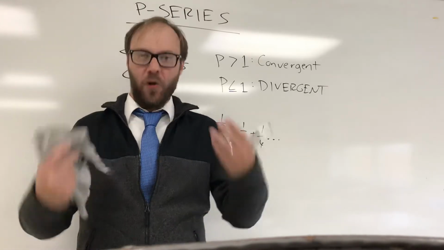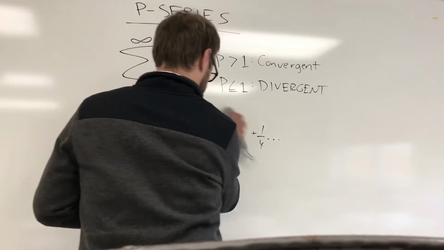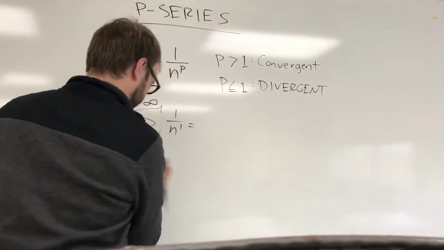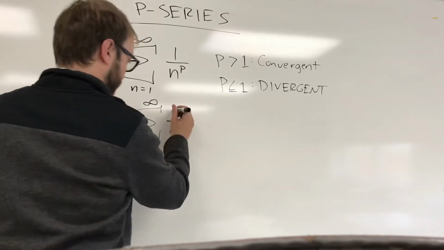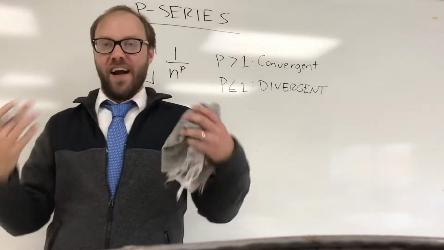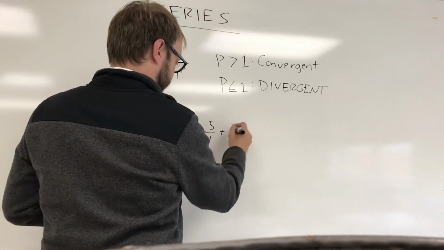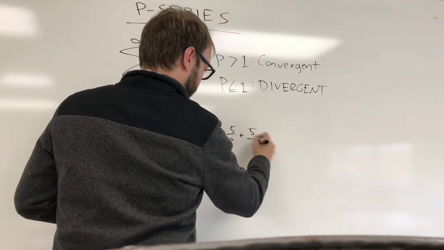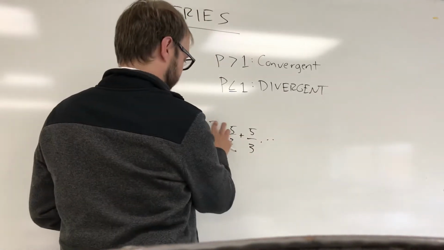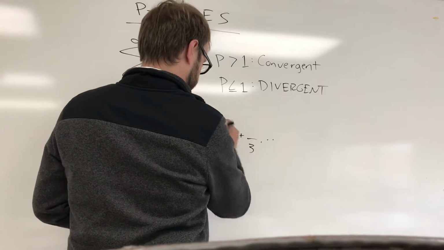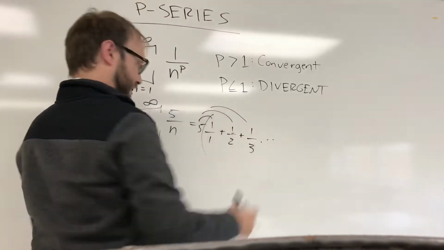Any multiple of the harmonic is also going to be divergent. So for example, if I had something like 5 over n, you can always factor a constant out. So 5 over n would be 5 over 1 plus 5 over 2 plus 5 over 3, and so on. Notice that's exactly the same thing as if I just factor out all the 5s and just multiply each of the terms by 5.